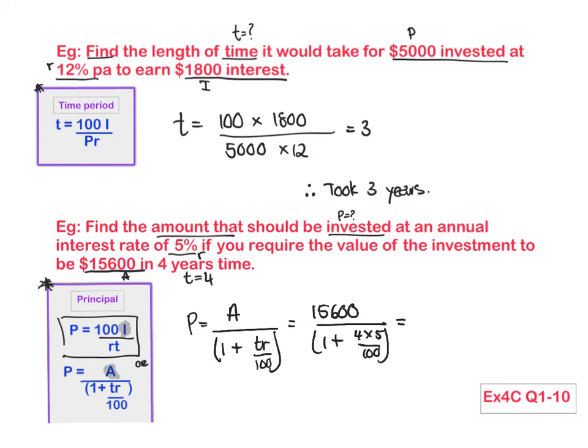You pop that exactly in the calculator like that, and you end up with a principal of 13,000. It says find the amount invested, so therefore the amount invested is 13,000. Might just write that.